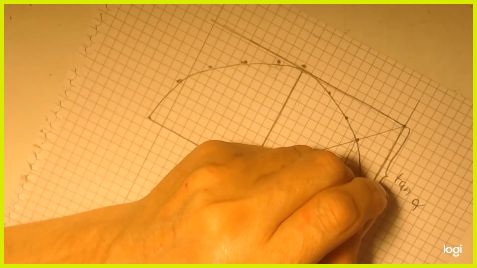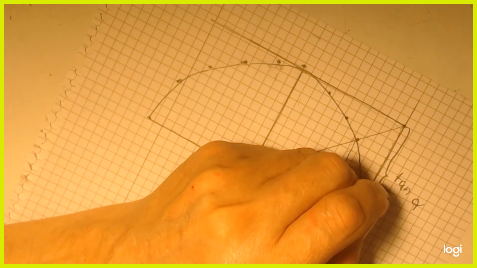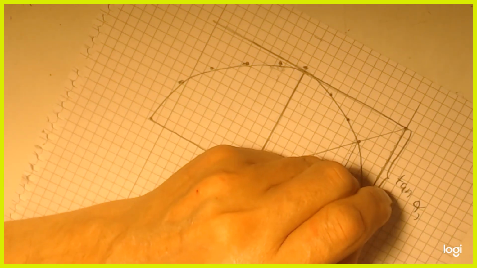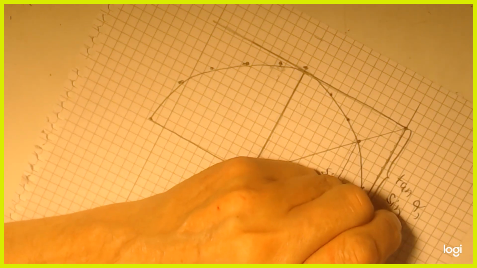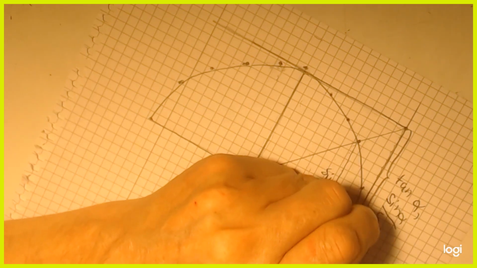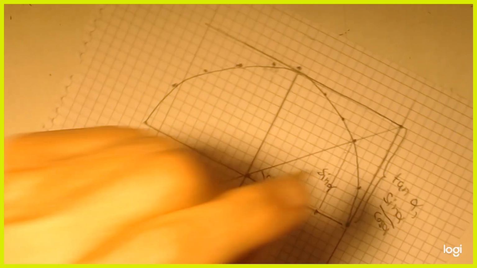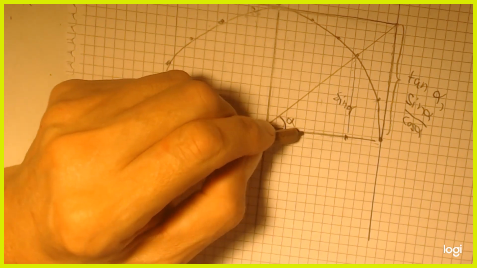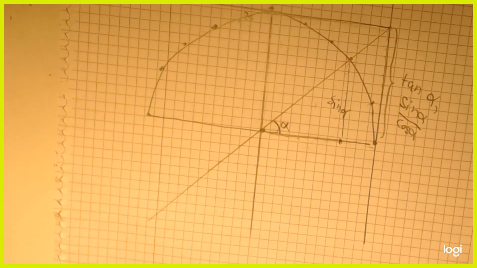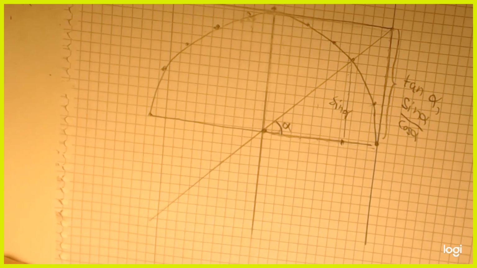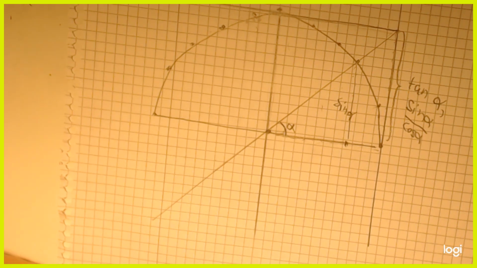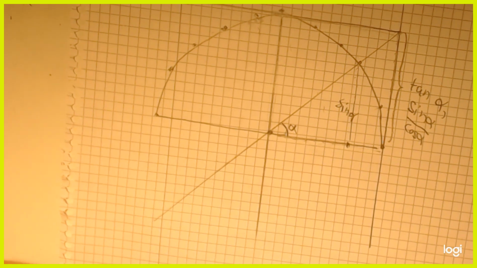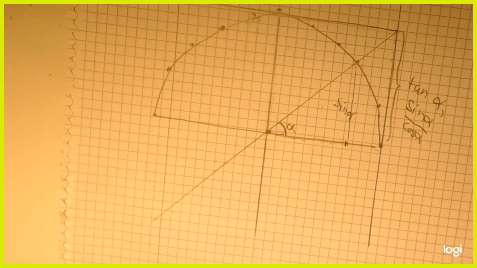That is the same as sinus alpha divided by cosinus alpha. And this side here is cosinus alpha, 8.5 divided by 12.